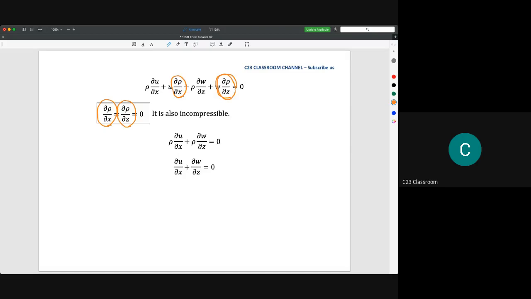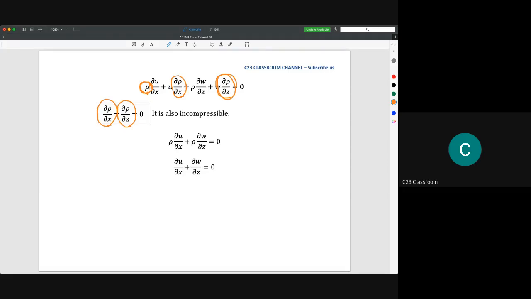Again, you must know the meaning of d rho dz, because if you misunderstand that d rho dz is equal to 0, you may zero the value of rho itself. Rho is constant, so rho must have a value.